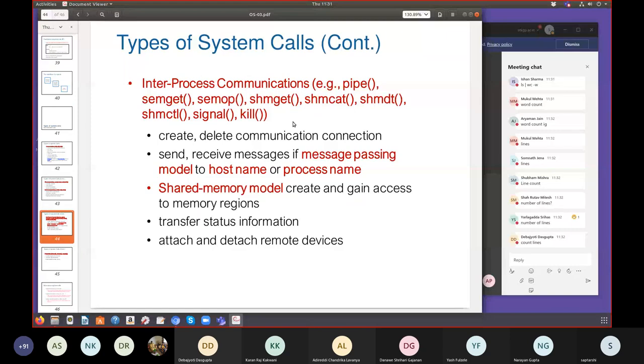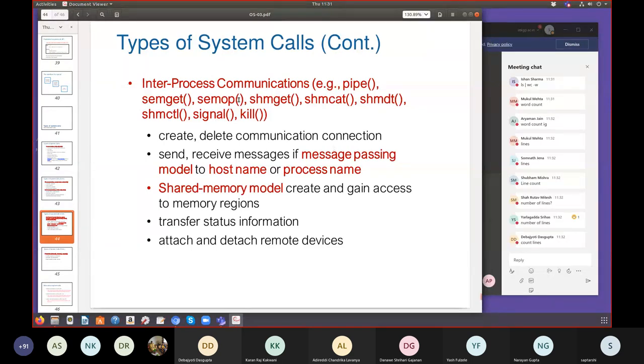So you want to run 10 different processes which will concurrently work on that array or on that matrix. But then they need to coordinate among themselves which part of the array one process is working on, which part another process is working on, and so on. So this kind of coordination between processes needs inter-process communication.